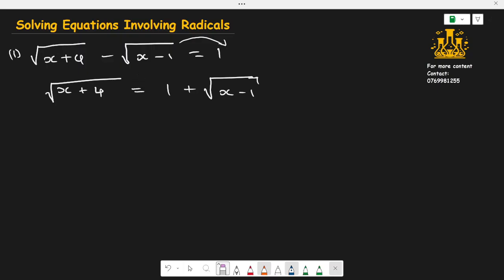The next thing that we want to do is square both sides so that we can get rid of the square roots. When we square the first side, what we're going to get is x plus 4. Simple. But what are we getting on the other side?